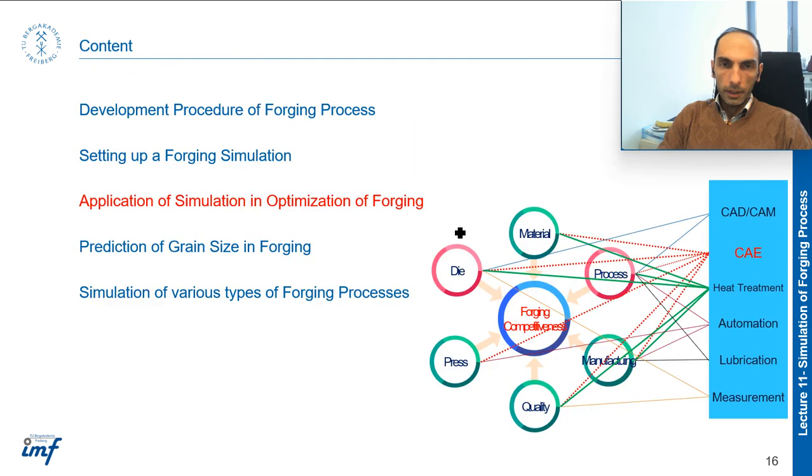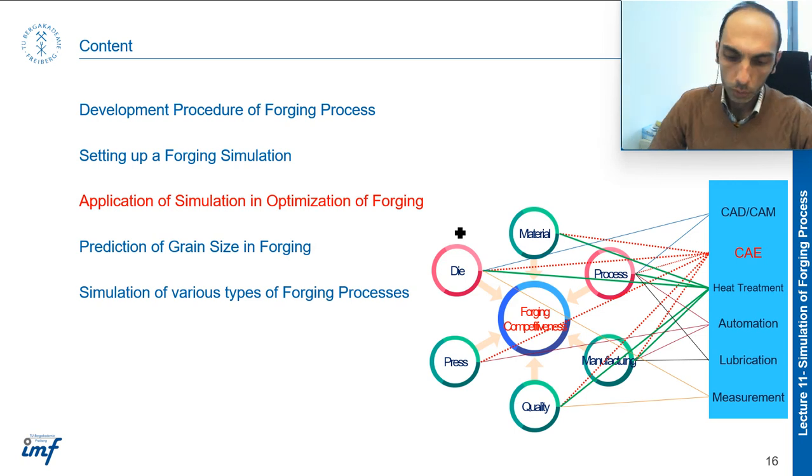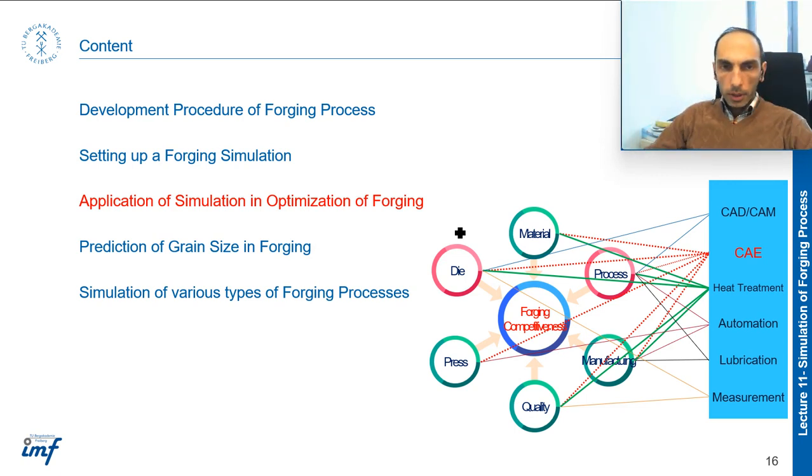Okay, after this short introduction to the simulation of forging process, now in a few slides I want to talk about the optimization of forging. You have a simulation, you can obtain some result. For example, you can detect some defect in some special part of your final product, and then what after that?